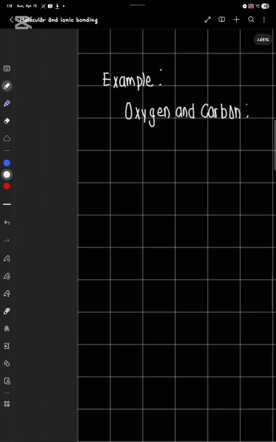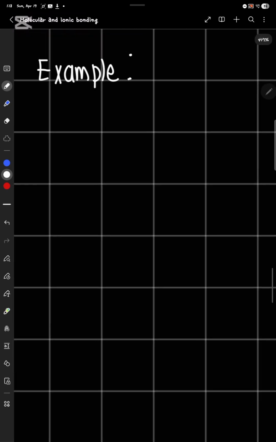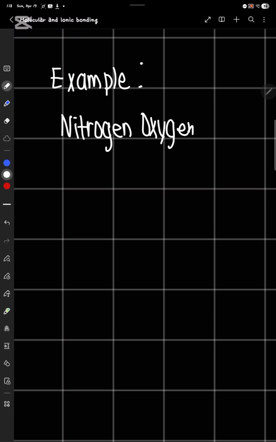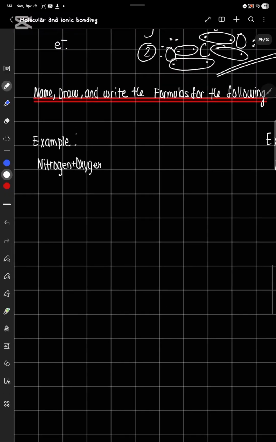Okay, so let's draw some examples. Oxygen and carbon, we already did that. So let's try something else. Let's try nitrogen and oxygen. Okay, so you want to draw, name, and write the formula.